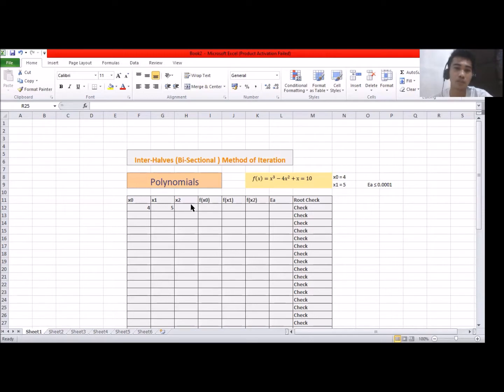So how do we get x2? x2 is equal to round.